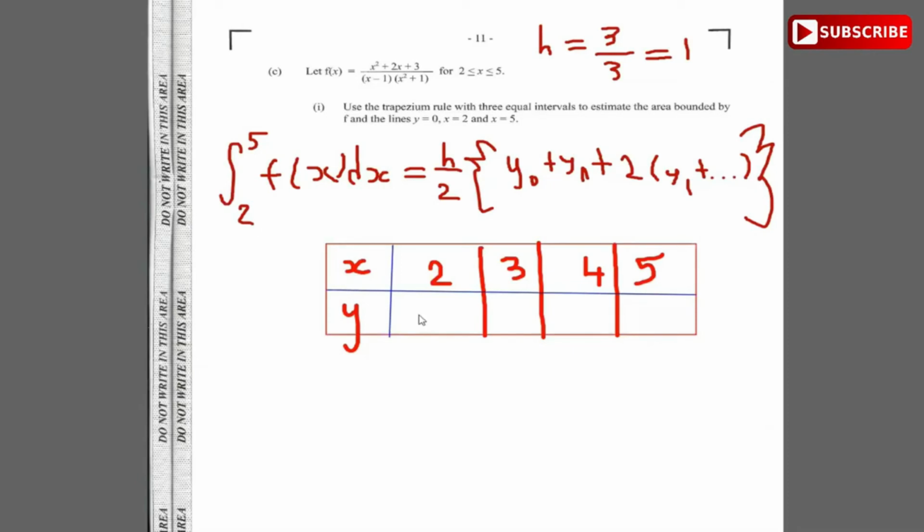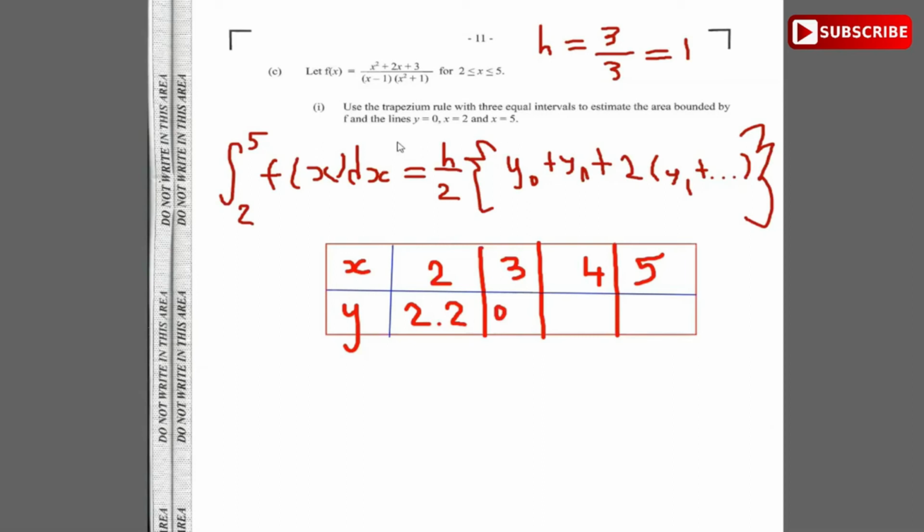So right here I'm getting y as 2.2. That's for when x is 2. When x is 3, what will I get? I'll get 3 squared plus 2 times 3 plus 3, which is 18, divided by 3 minus 1, times 3 squared is 9 plus 1 is 10. I get 0.9.